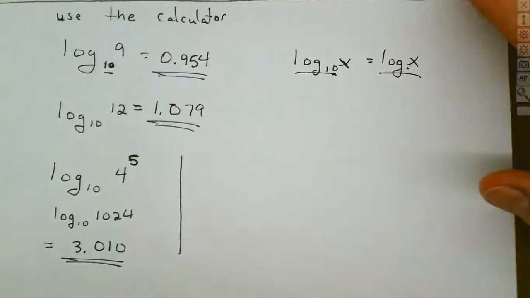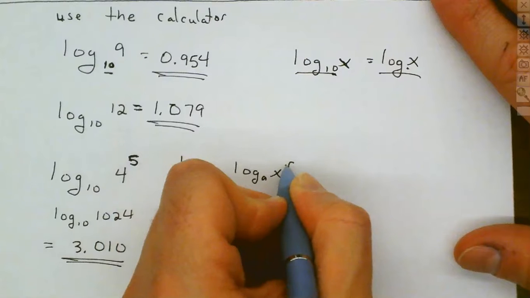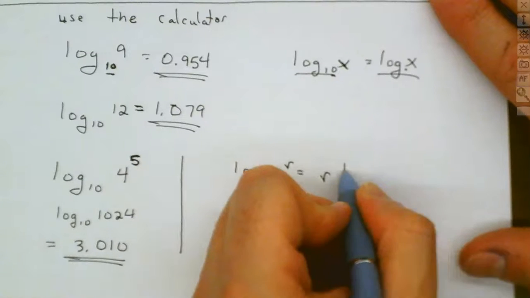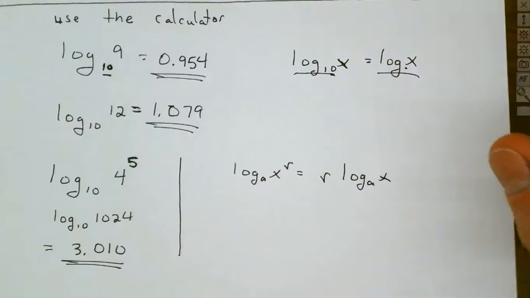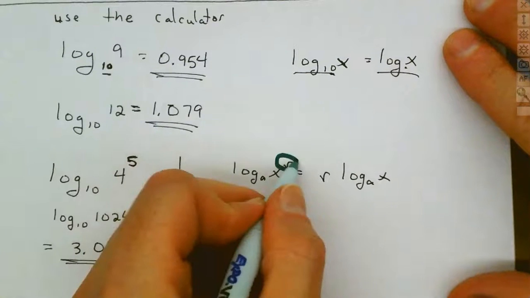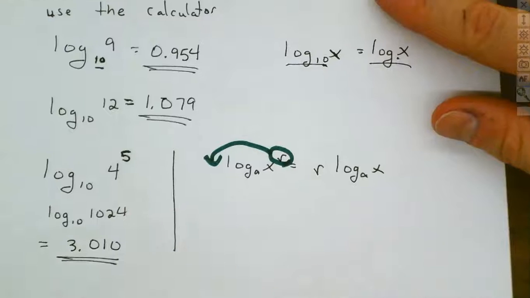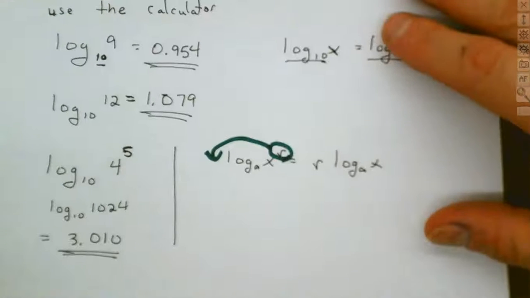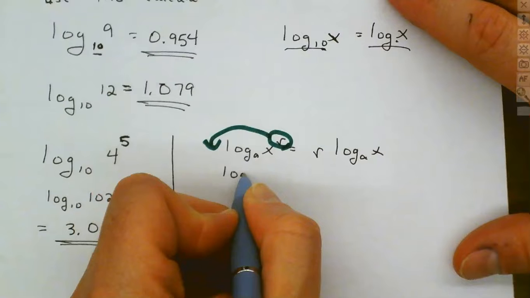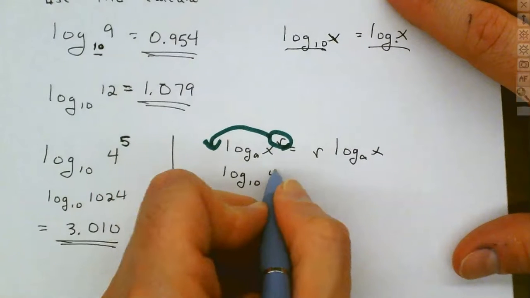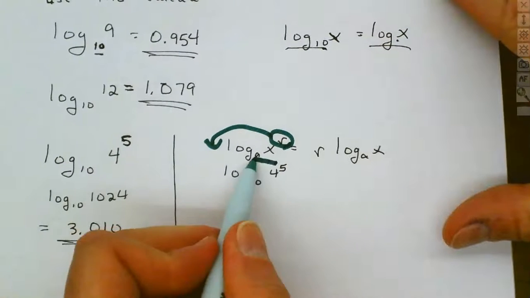And the power rule says this: if I have a power, I can bring it down. So I'm going to show you, if I work this one out with the power rule, I would get the same result. If I want to do log base 10 of 4 to the 5th, what I could do is bring this 5 down.